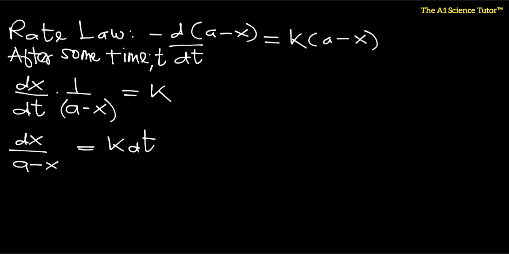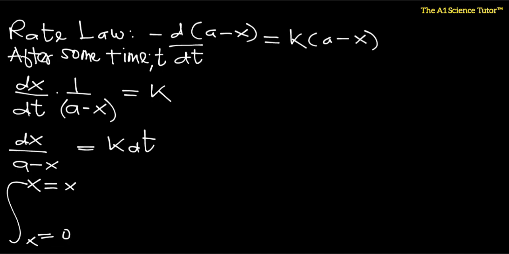So what is going to be the upper limit of the left hand side? So that is basically going to be the variable. So that will be at x equal to x and x equal to 0. For this one, that is going to be t equal to t and t equal to 0.